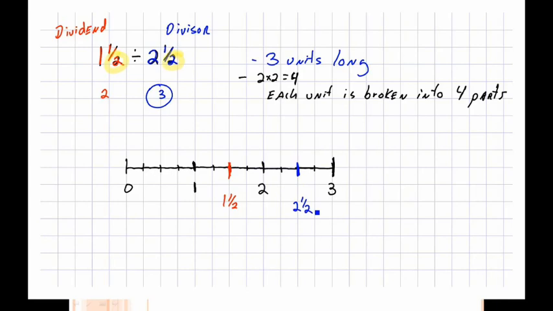Now I'm going to do exactly the same thing as I did the last time. I'm going to draw an oval that's the size of my divisor. My oval starts at 0, and it's going to come all the way over here to 2 1/2.